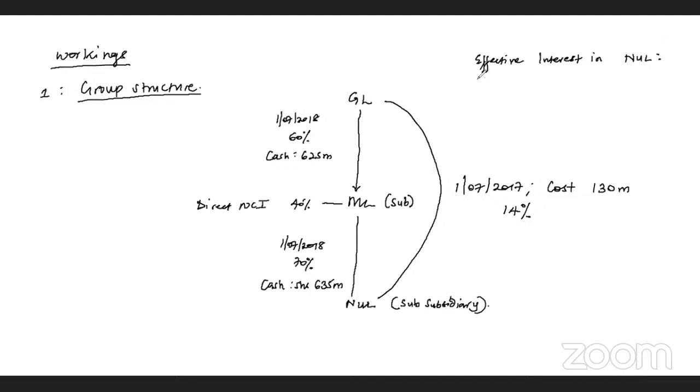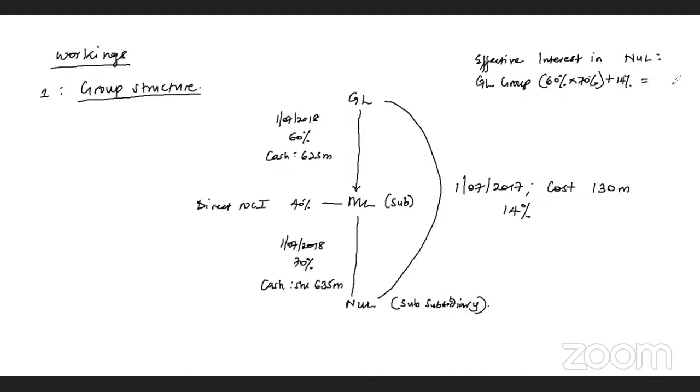Of course, the GL group has 60% times 70%, because the parent acquired 60% of ML, and ML is acquiring 70% in NUL. So GL group has a share of 60% times 70%, then plus its direct shareholding of 14%.